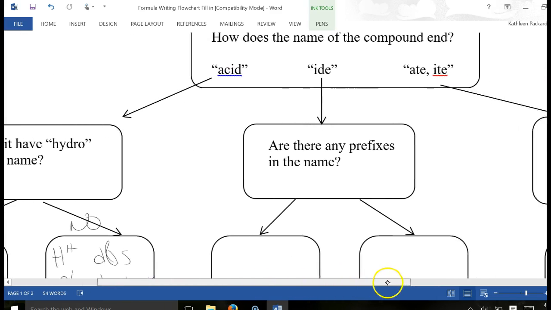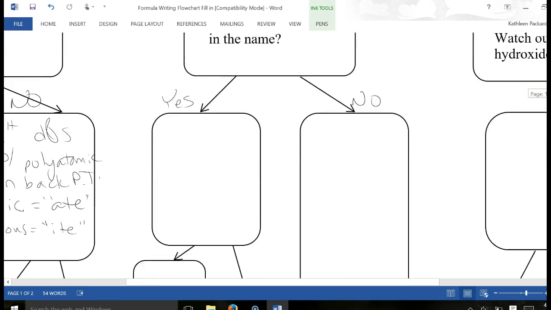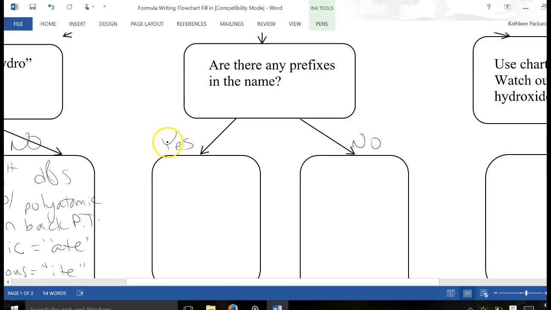So then now we're going to do the things that end in IDE. How does the name of the compound end? IDE. First question you ask yourself, are there any prefixes in the name? It is either yes or no. Let's do a no here and a yes here.